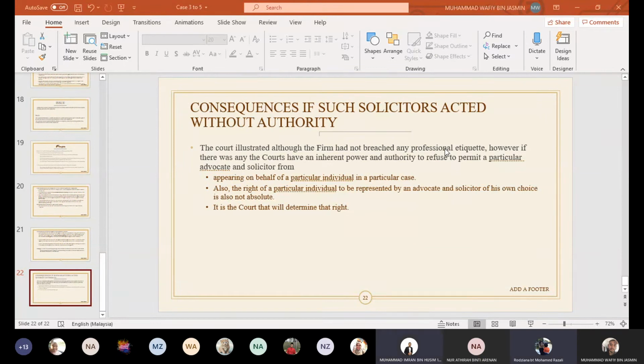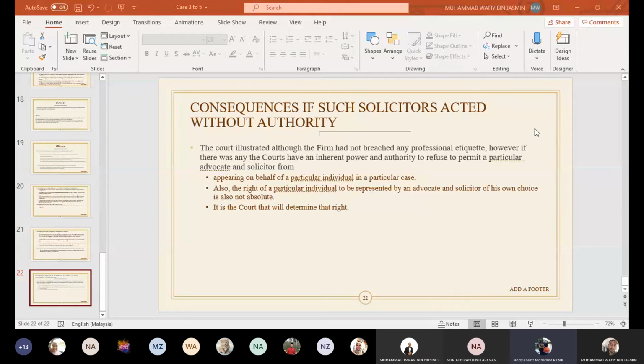The court can refuse to permit a particular advocate and solicitor from appearing, ataupun the right to be represented. So the court can actually deter the counsel from acting for the particular client.